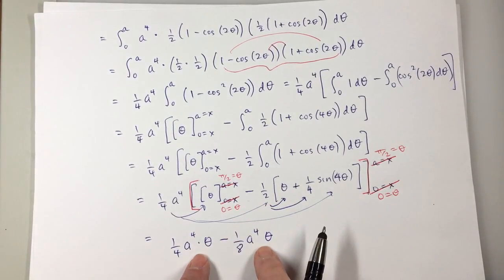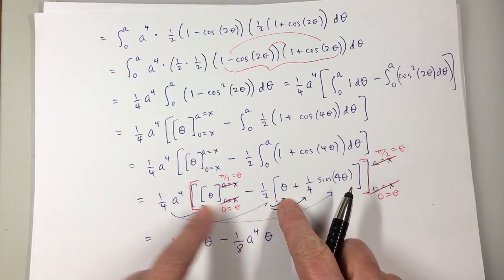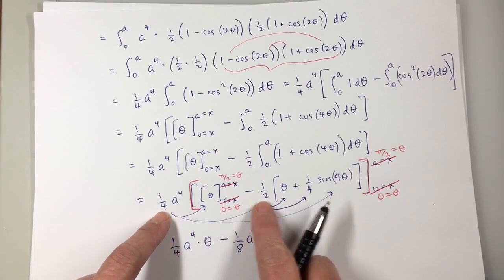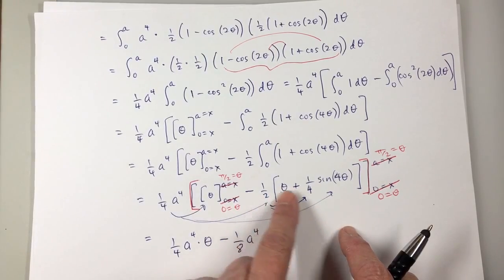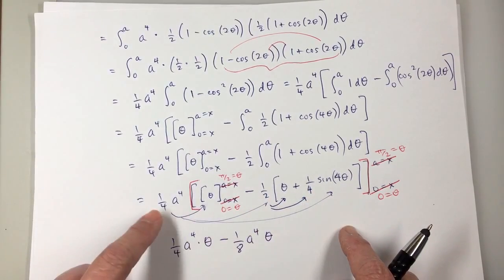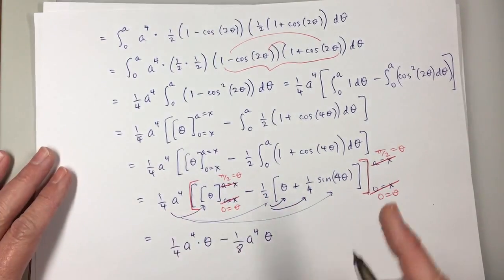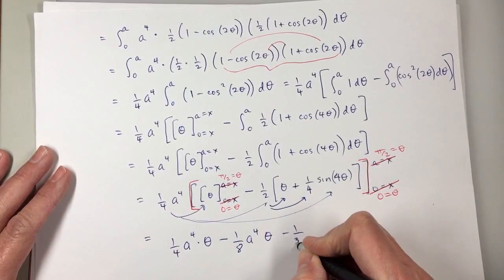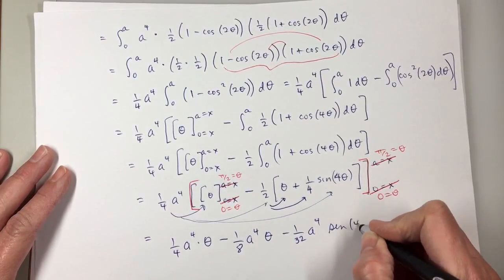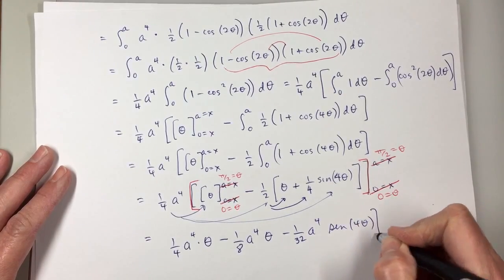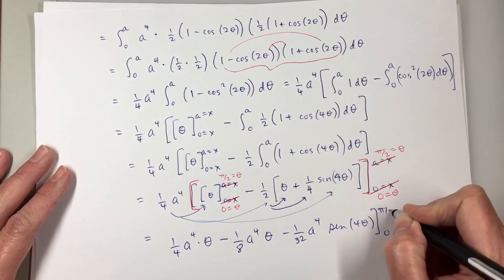Those are like terms. And then I have a minus here. That'll make this negative. In fact, this 1/2 will make that 1/8. And 1/4 times 1/8, that'll be minus 1/32 a to the 4th sine 4 theta. We're going from 0 now to pi over 2.